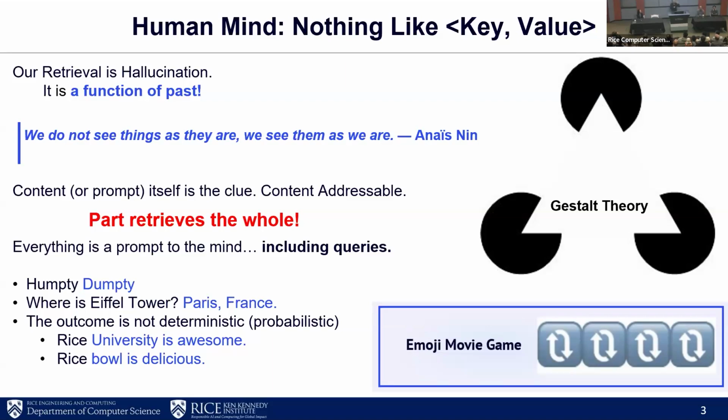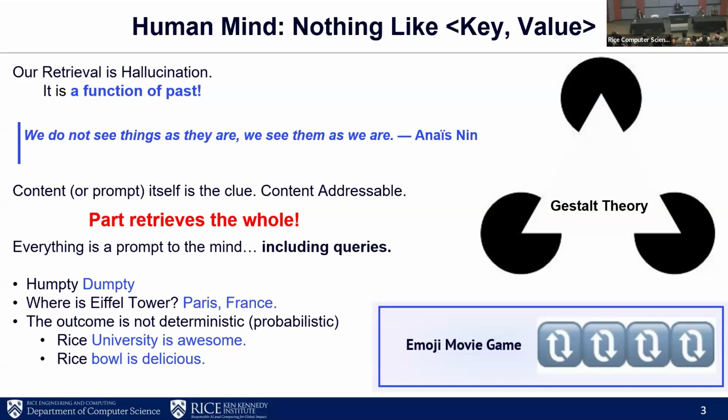So let's think about the human mind. What do we know about that? Well, we know that the retrieval is some sort of a hallucination, right? So 2 people sitting in the same room will describe the same event differently. In the picture shown here, there is no triangle there, by the way. There are just some pieces of partial sectors, and the mind is filling in the triangle.